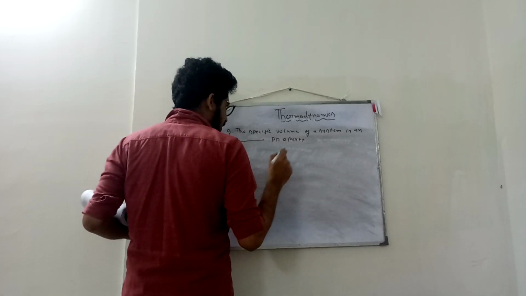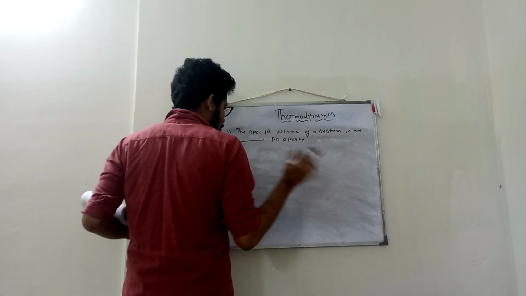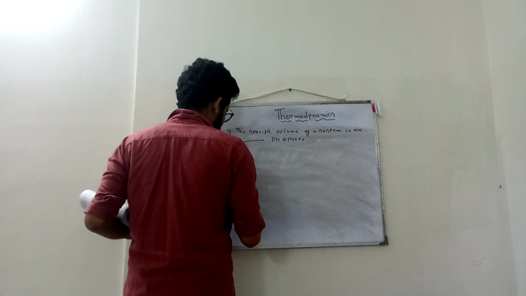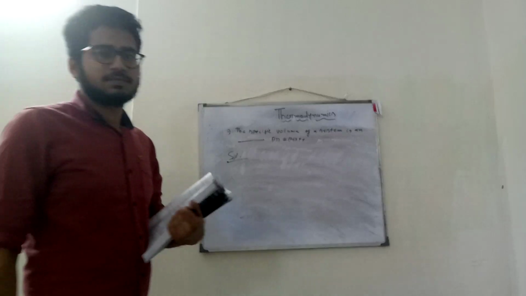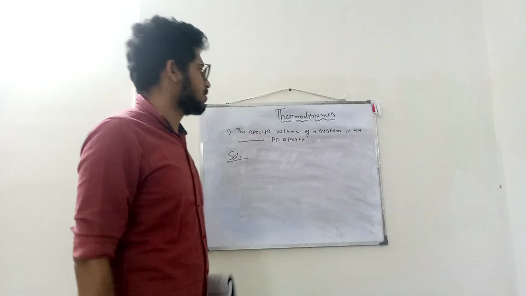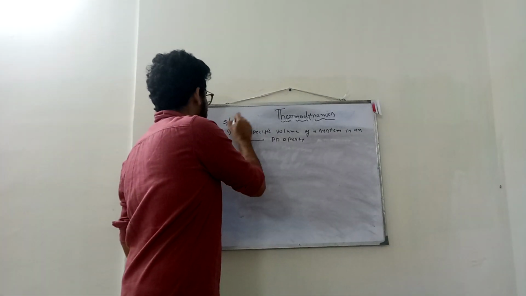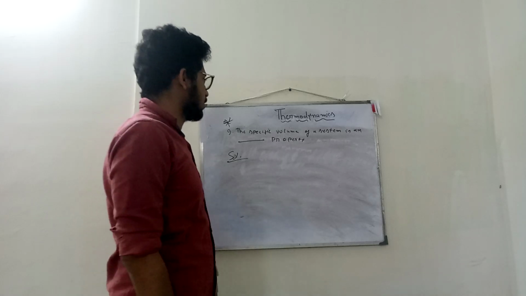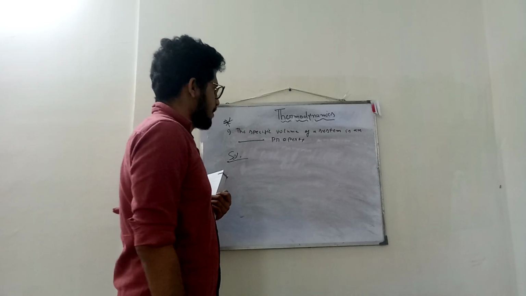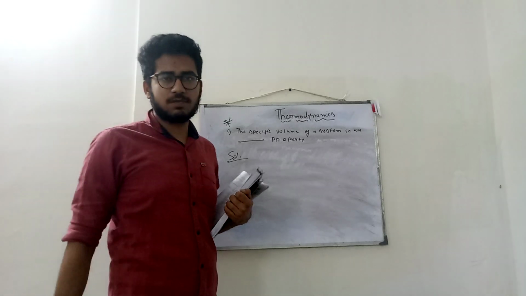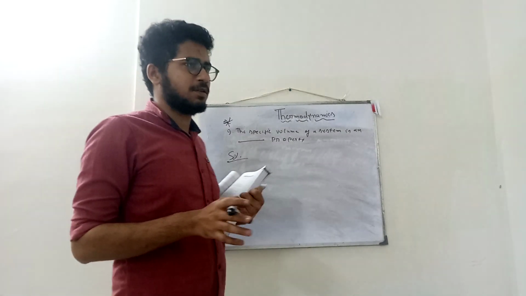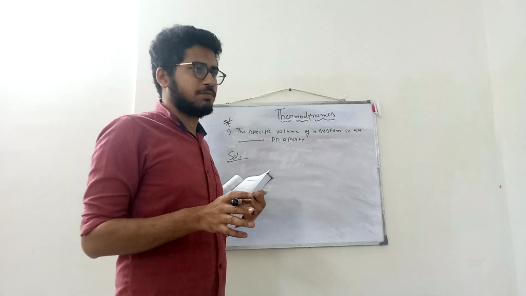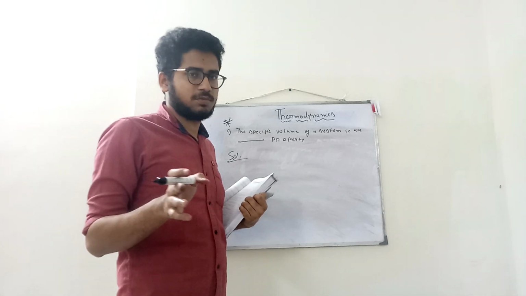I will not give any options. You have to solve this because this is an important question, I'm telling you. What is the answer? Because in the previous class, I told you the same thing.